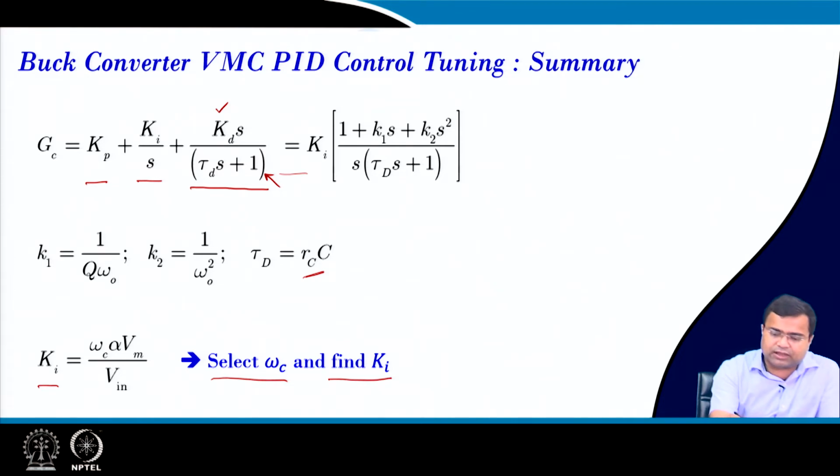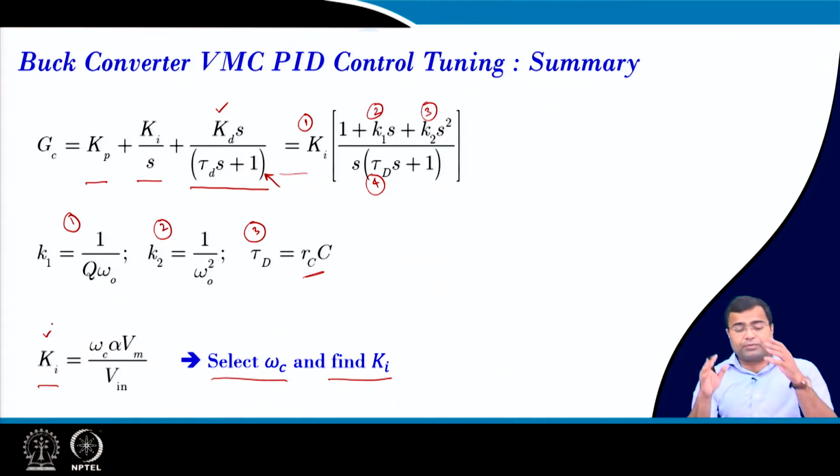So, in this controller we have four unknown variables: Kp, Ki, Kd and tau d, where we have one equation by means of pole zero cancellation, one will get from here, two will get from here, three will get from here, and these things are coming from our pole zero compensation. The detailed steps we have summarized in the previous lecture in this course, lecture number 42.